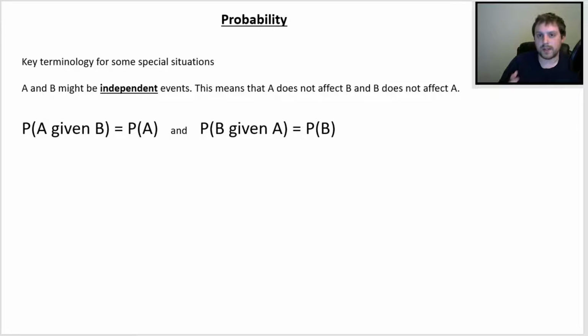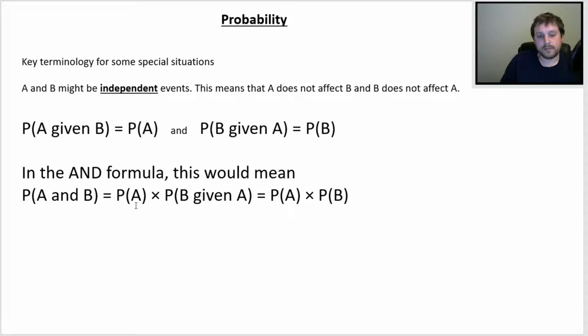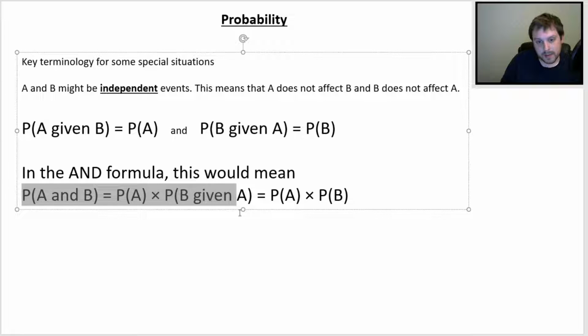Very obvious, straightforward examples that you'll hopefully be well aware of from GCSE are things like flipping a coin and rolling a dice. If I flip a coin and get a heads, does it affect the probability of getting a 5 when I roll a dice? No. These two things are independent. Which means, because of the AND formula, which is just this part here to begin with, that's the general formula.